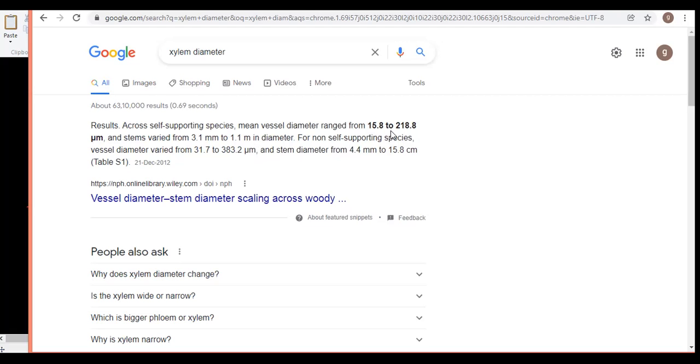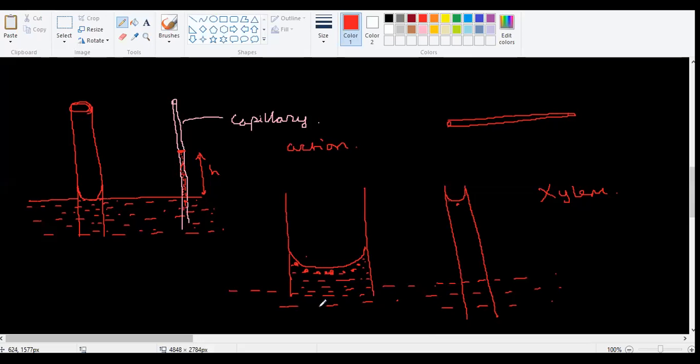This is 15.8 micrometers, so that's 10 power minus 6 meters or 10 power minus 3 millimeters. Obviously you can see that these are all very, very small numbers. I'm not sure why these numbers are very big. Again, biology people, you do the research and find it out. But from physics, what I can tell you is if the diameter is very, very small, the rise will also be higher. That's what I'm trying to explain.